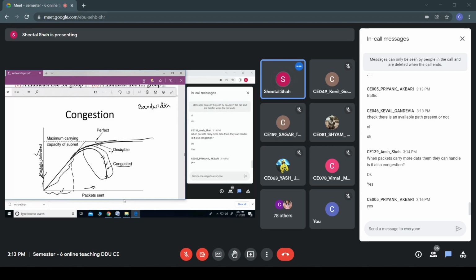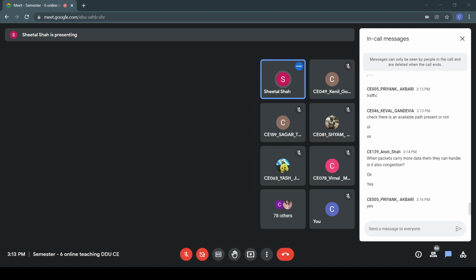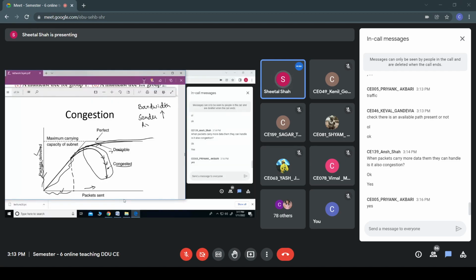The other reason for the congestion can be that the sender's rate of transmission is more than that of the receiver. It would go on pouring the packets onto the network, but the receiver is not capable of processing those packets and sending the acknowledgement within the time. So then too, the congestion would occur.